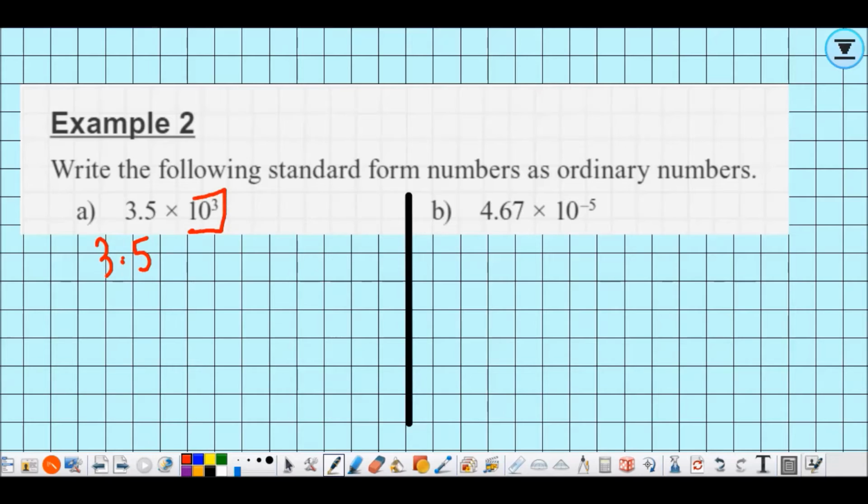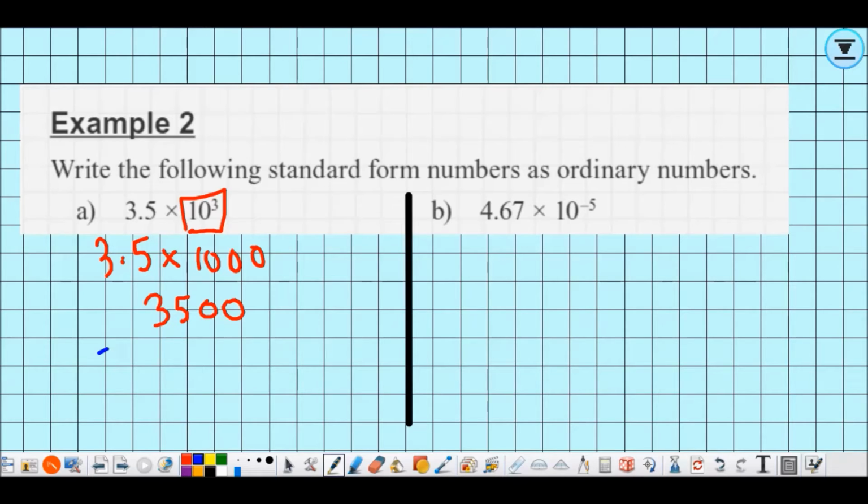And remember, if we look at 10 to the power of 3, that's like saying 1000. And we're going to multiply those two things together. 3.5 times 1000 would be 3,500. So we could mathematically calculate that if I knew what 10 cubed was. 10 cubed is 1000. Times that by 3.5 is going to give me 3,500.